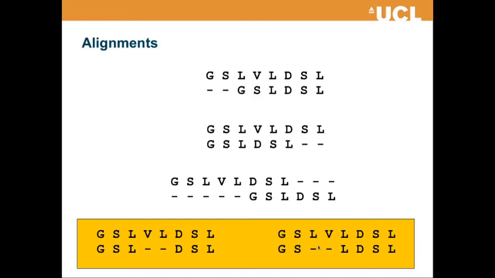And of course, if we actually had a structure of one of these, it would be more easy to see where an insertion or deletion would be likely to be accommodated. And of course, if we had both structures, then we would know completely where the insertion or deletion occurs.